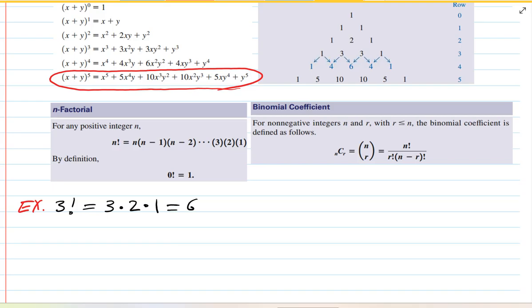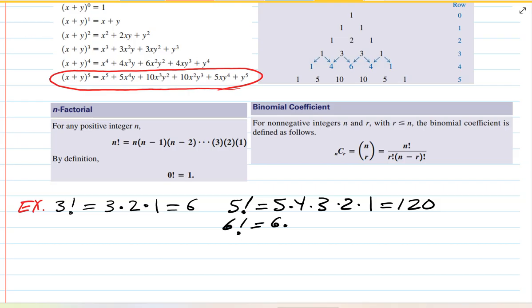So 3 factorial is 6. You can actually multiply the factors. What is 5 factorial? Well, it's 5, 4, 3, 2, 1, right? The product of those is going to be 120. As you can see, factorials grow very rapidly. Just go from 5 to 6 factorial.